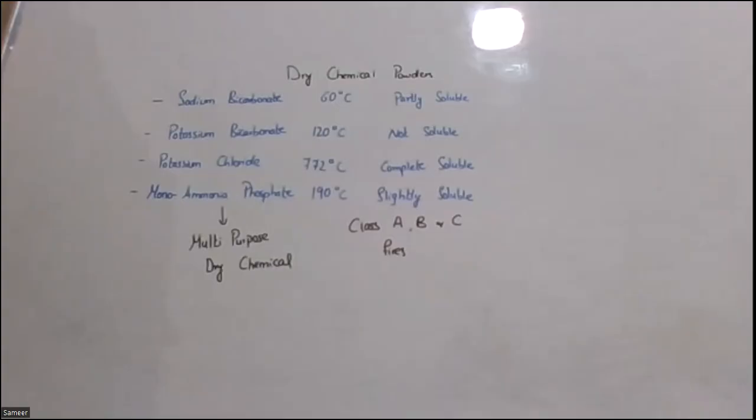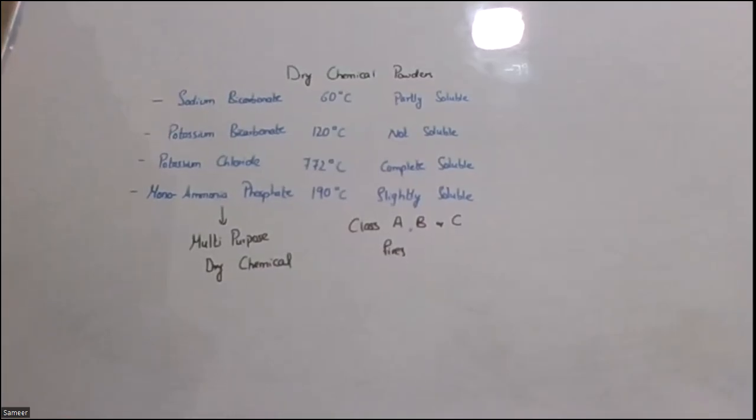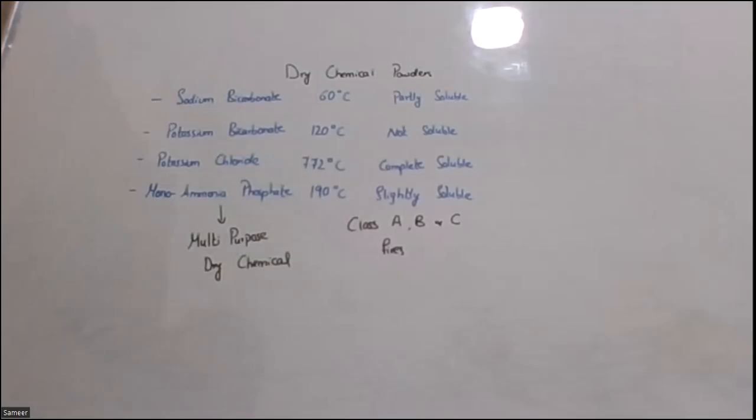The red extinguishers that we usually have, the DCPs, are usually monoammonium phosphate, and that is why they are known as multi-purpose dry chemical, because they can be used on class A, B, and C fires, regardless of their limitations. Dry chemical powders have limitations, and the major one is the residue they leave after application.